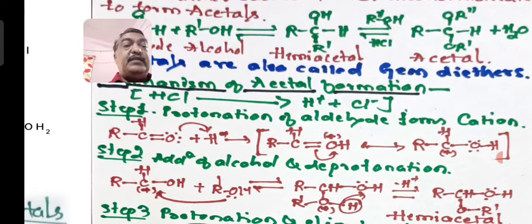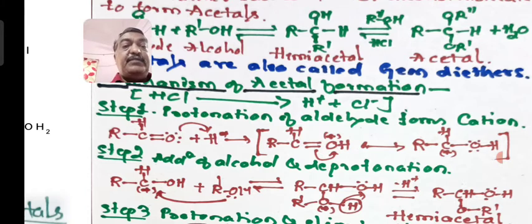RCOH, and then ROH directly attached, because the lone pair of electrons are there. Those lone pair of electrons get transferred to the carbon plus cation. Just as I have mentioned, that is not a minus, it is a cation. So in the first step itself, RCHOH plus forms.